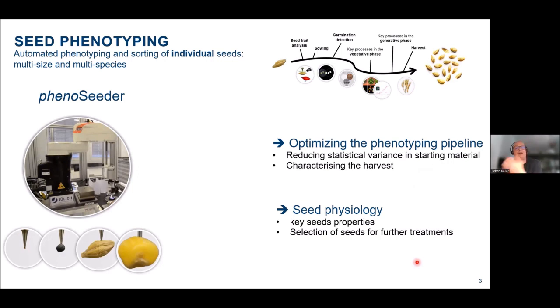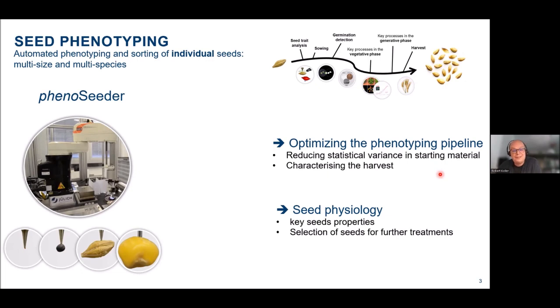So if we have these high throughput phenotyping activities, it would be good to select and be aware of different seed traits, for example, making some co-analysis here, or select the specific seeds that are suitable for the phenotyping approaches. And also at the end of our phenotyping pipeline, we were interested in characterizing the harvest product, from the start of the plant growth up to the end at the harvest, characterize the seeds.